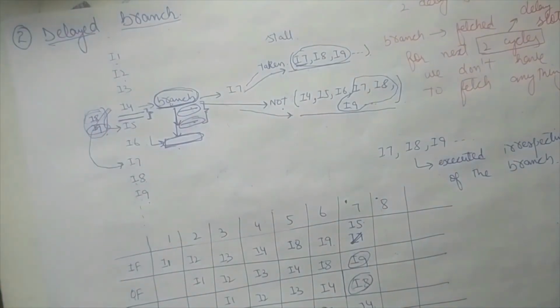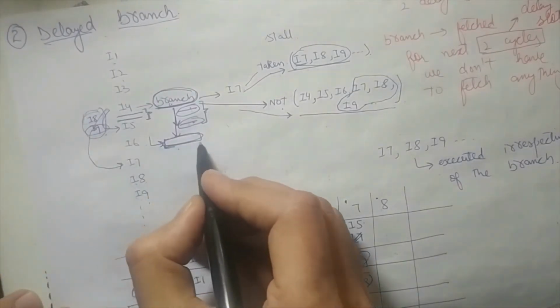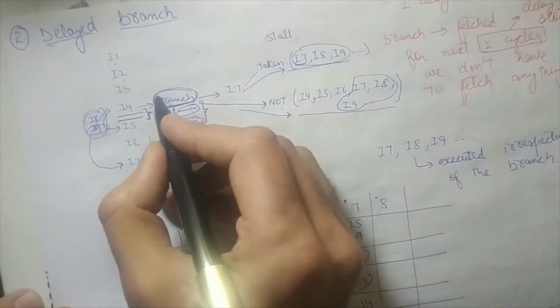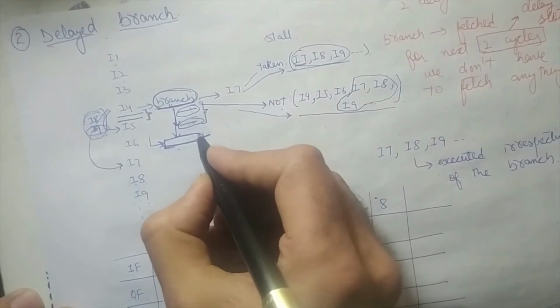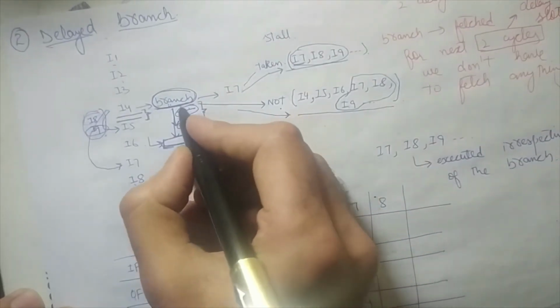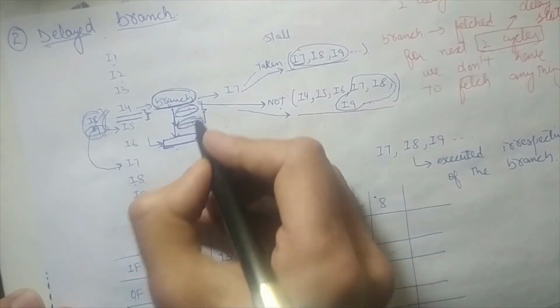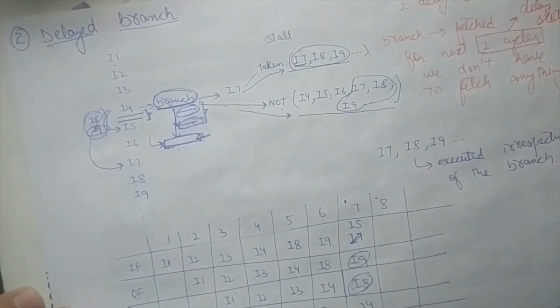Why is it called a delayed branch? Because the next instruction that should be executed after the branch should have been the instruction depending upon the outcome of this branch. But before executing that instruction, we are executing some other instructions. So we are delaying this particular instruction. So this is called a delayed branch.